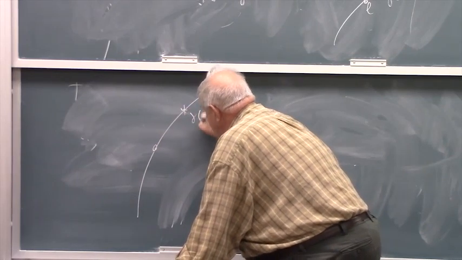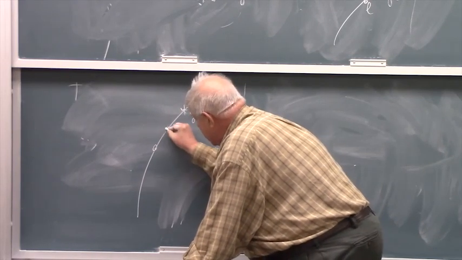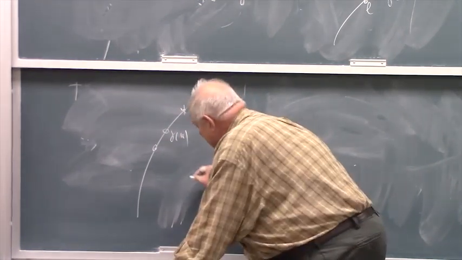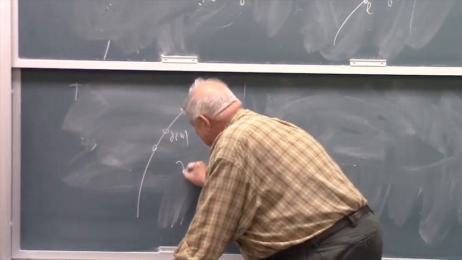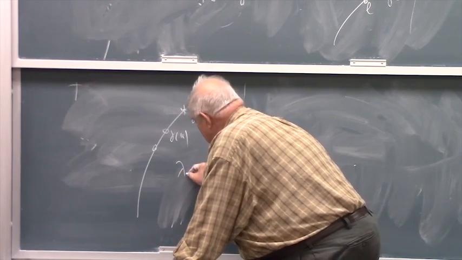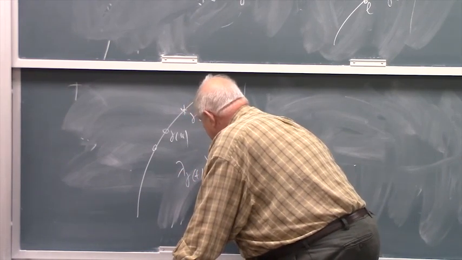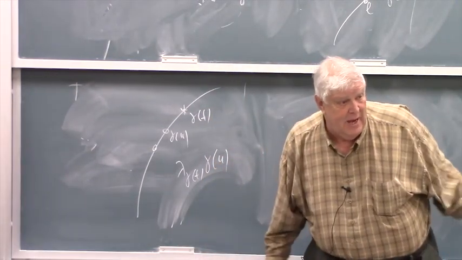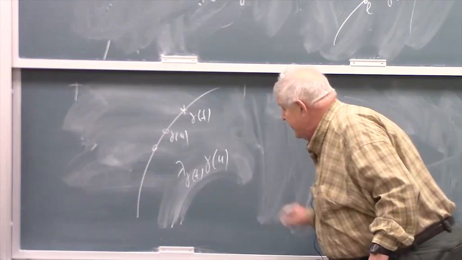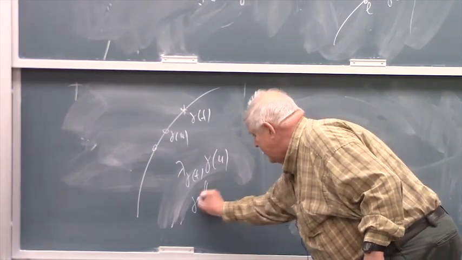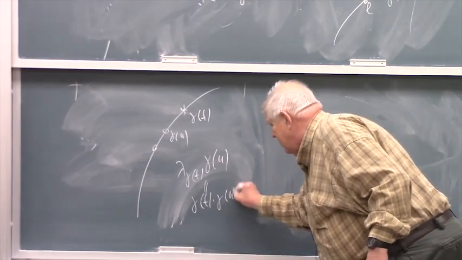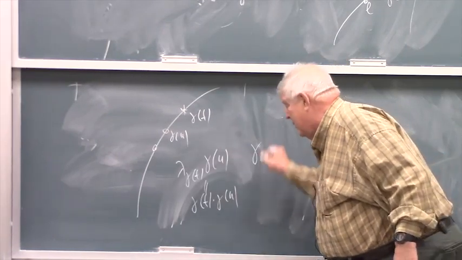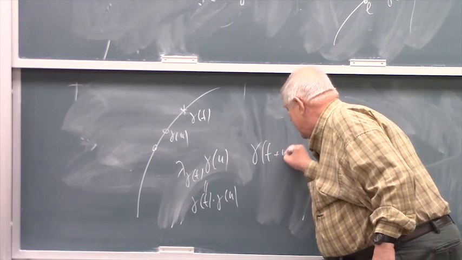This is gamma of t. Then I take gamma of u, for some u, and I apply the transformation lambda sub gamma of t to gamma of u, right? And what I get is actually gamma of t times gamma of u. And what I get is the same curve, the same gamma, only the parameter will be t plus u.